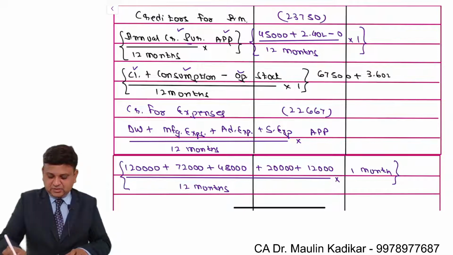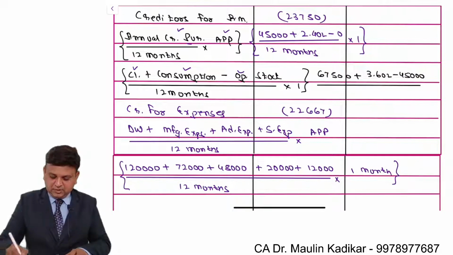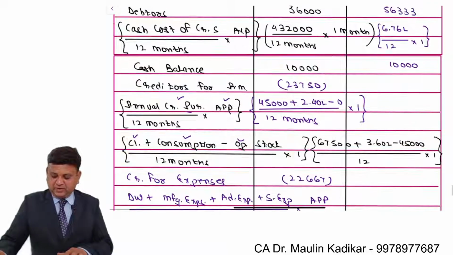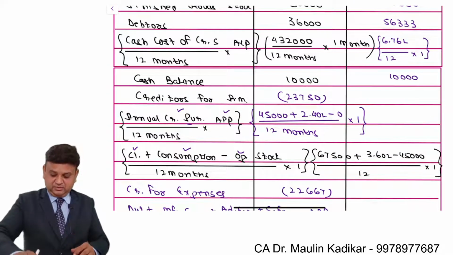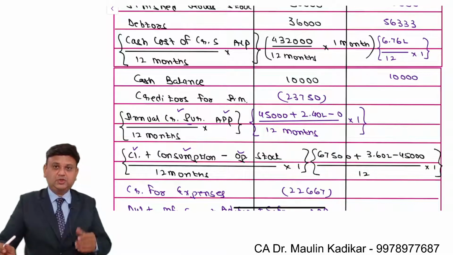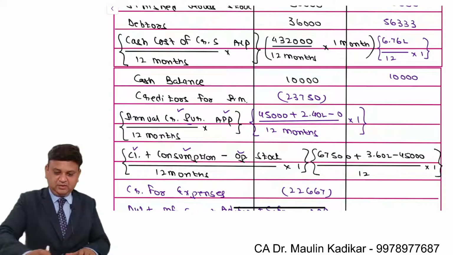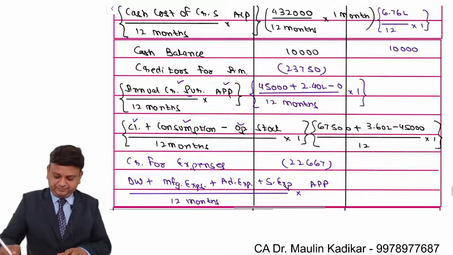So 3,60,000 minus 45,000, whole divided by 12 into 1 month. That is the way the creditors for supply of raw material are calculated. So the closing stock 67,500, consumption 3,60,000, opening 45,000. So 3,82,500 divided by 12. So it is 31,875.